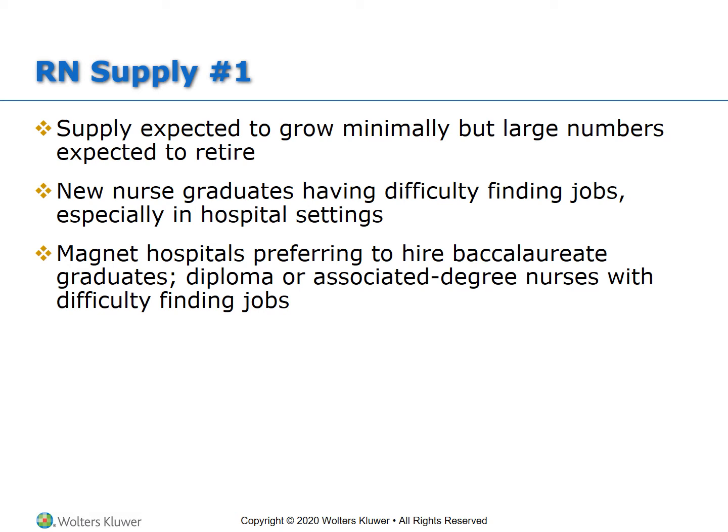And part of that is a lot of hospitals, especially magnet hospitals, only hire baccalaureate degree graduates. So graduates who have an associate degree have a harder time trying to find positions, especially in magnet hospitals.